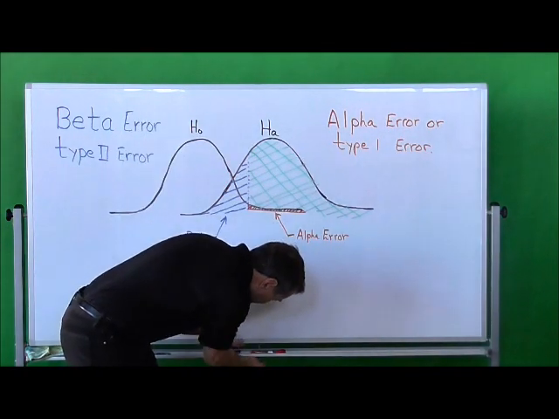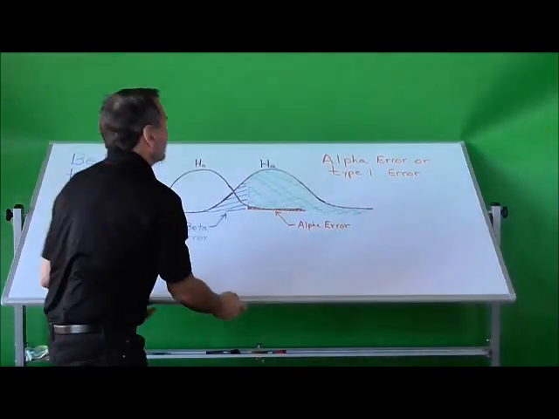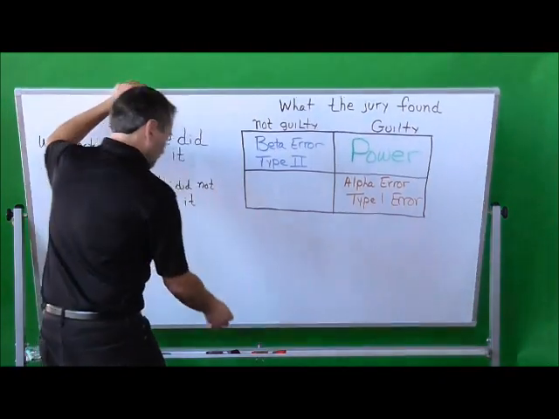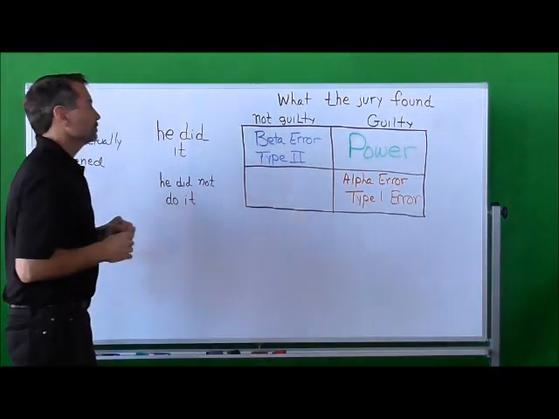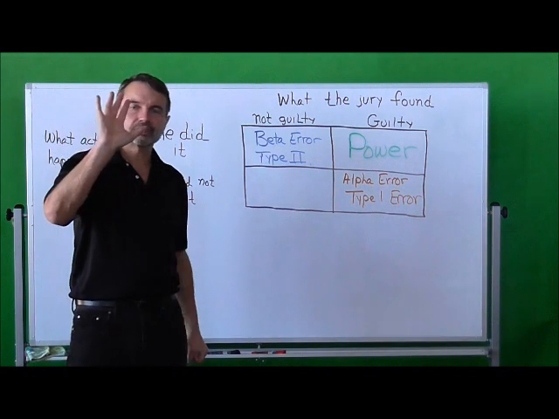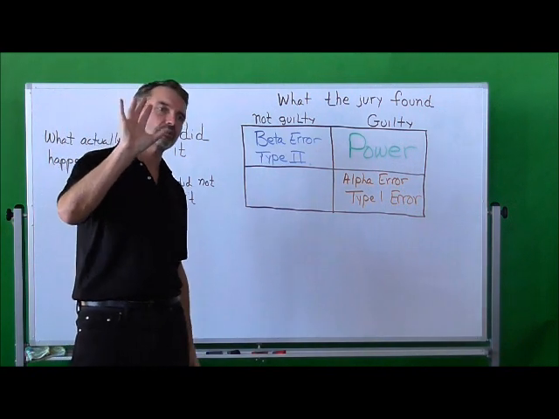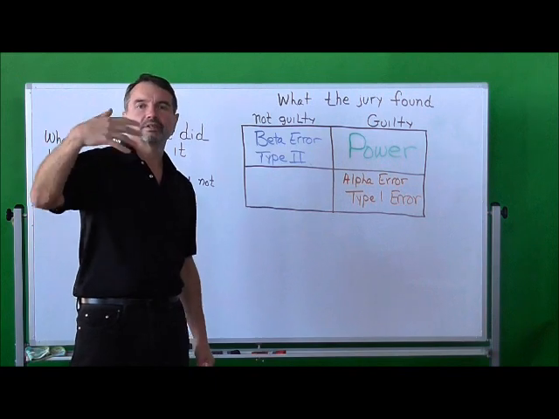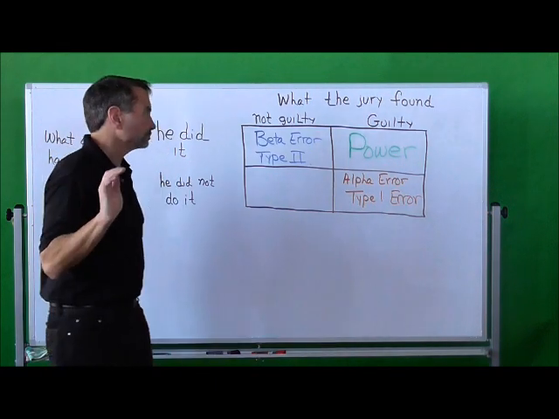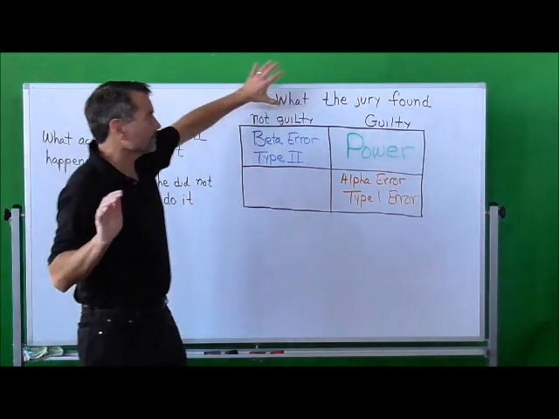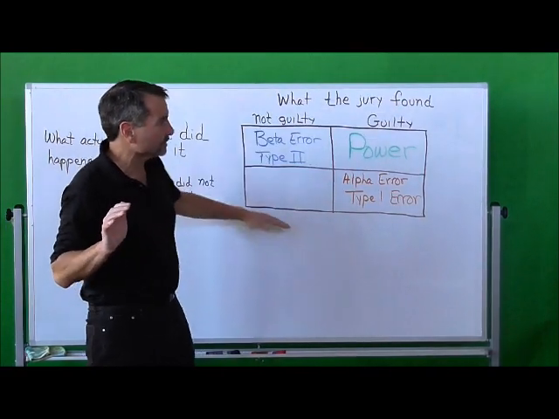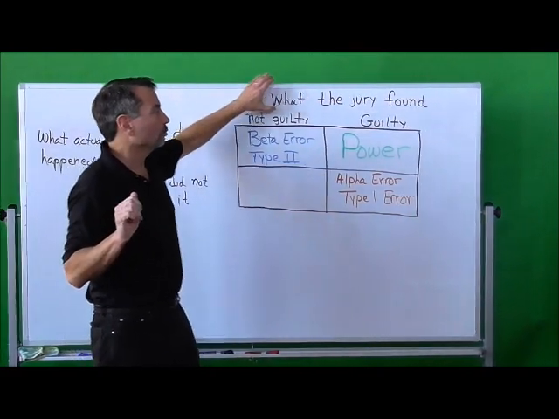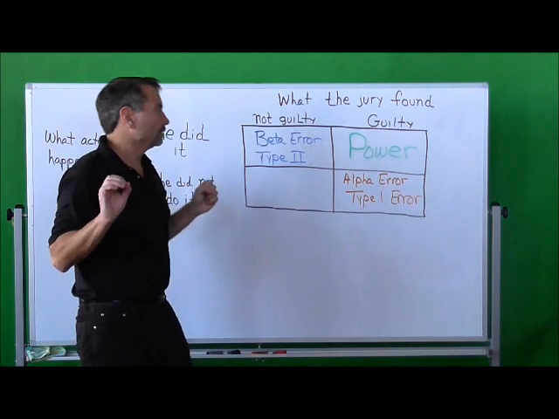So let's go to the other side. So what do we have over here? Well, let's look at what the outcome would be of a typical trial in our United States court system. We have across the top of these 4 boxes here what the jury found.